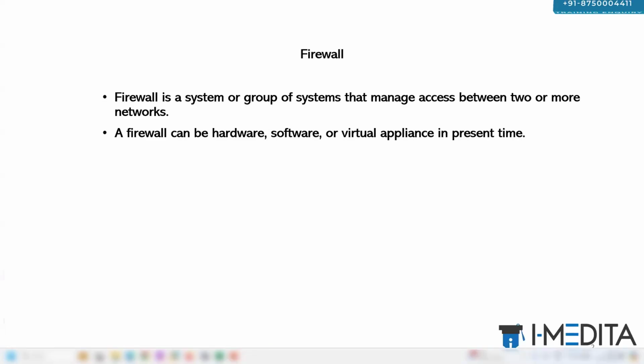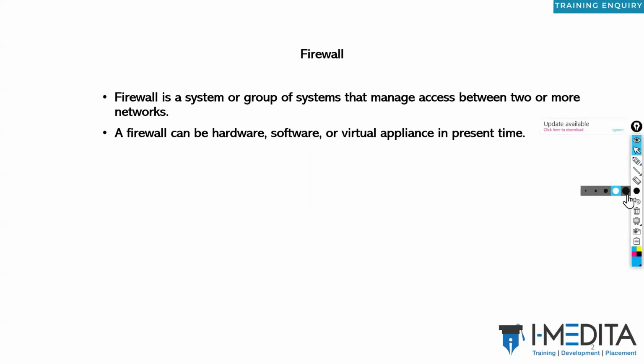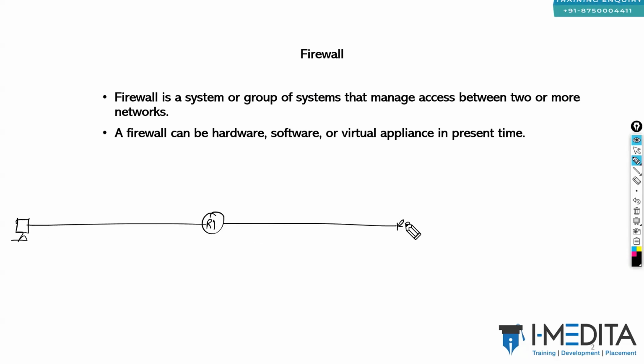What is a firewall? First of all, let's understand it with the help of a diagram, then we will go through the definition. Assume we have a PC connected with a router. The router is connected with another router, and that router is connected with a PC.